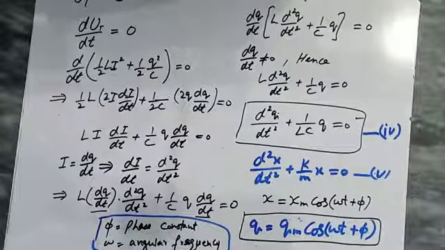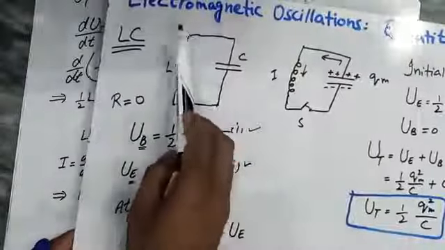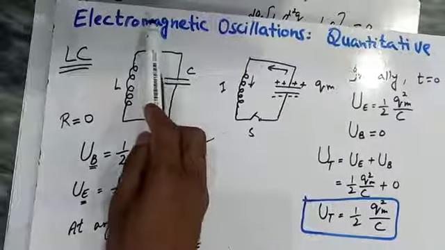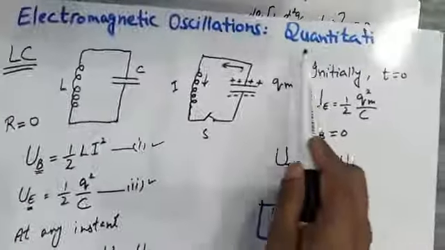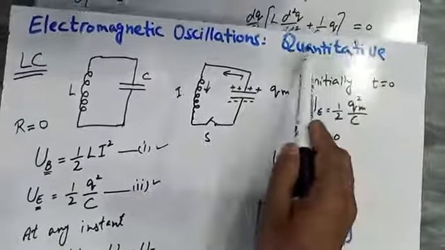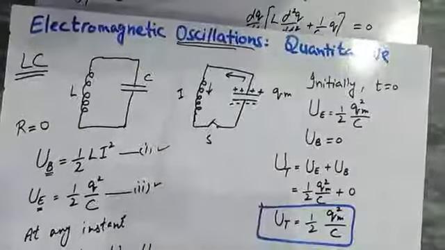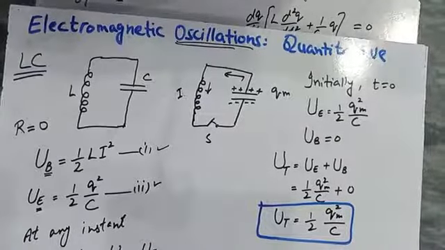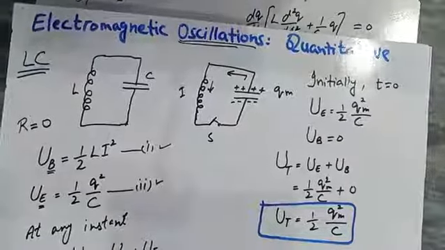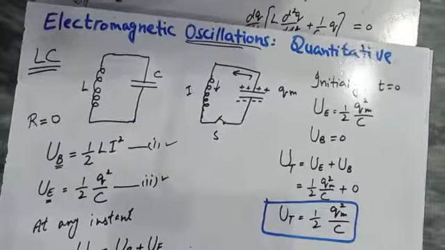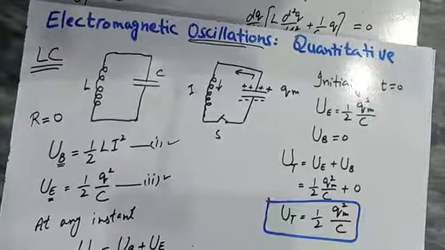As we are talking about electromagnetic oscillations, when we talk about its quantitative discussion, we have to find the time period and frequency of oscillation. So our target is to calculate the frequency of oscillations and time period of electromagnetic oscillations.